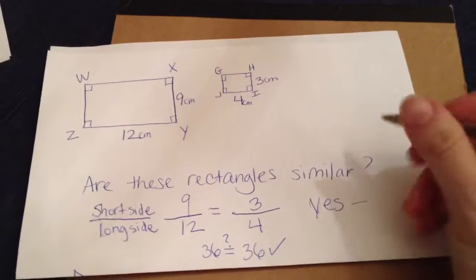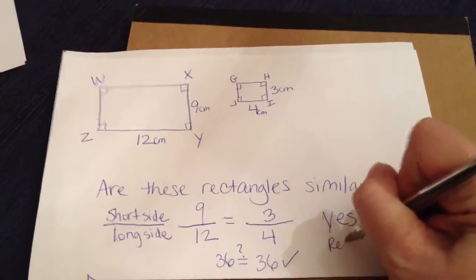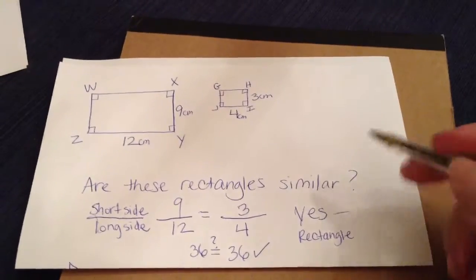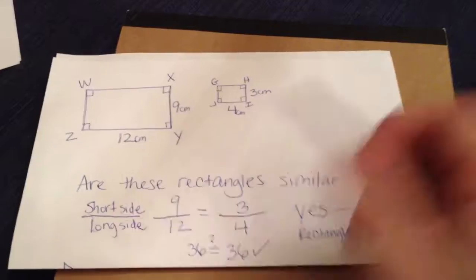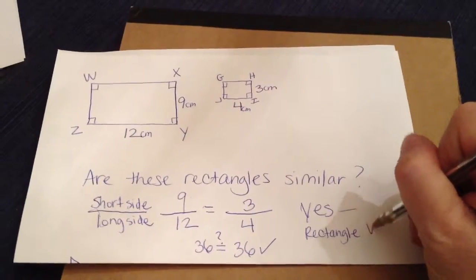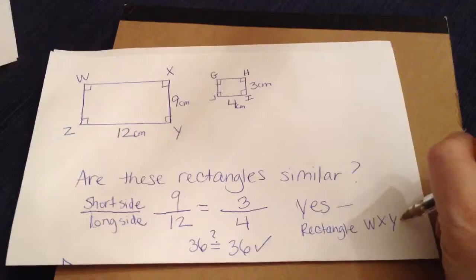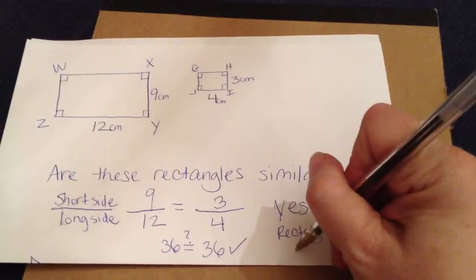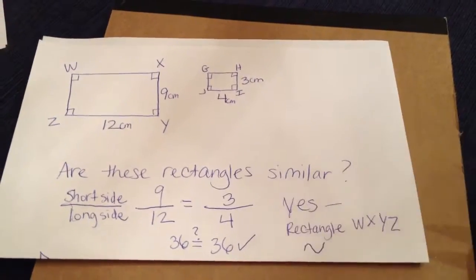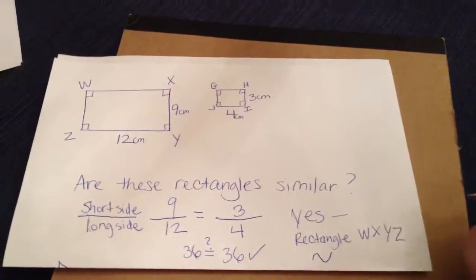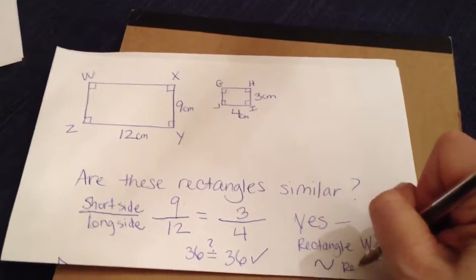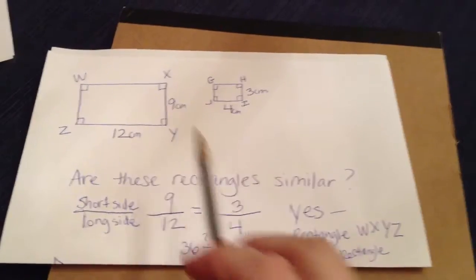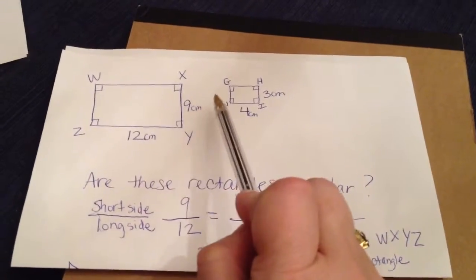One thing that we can write is rectangle WXYZ. We're going to name it going around in one direction. WXYZ is, I should have written this going across, but this is the symbol for similar. It's kind of like a backwards sideways S, is similar to rectangle. And now I have to get those corresponding angles in the right order.